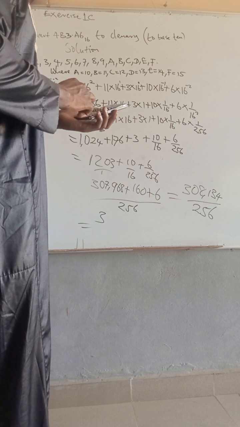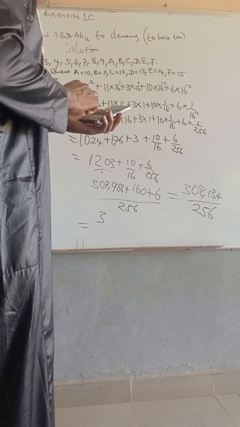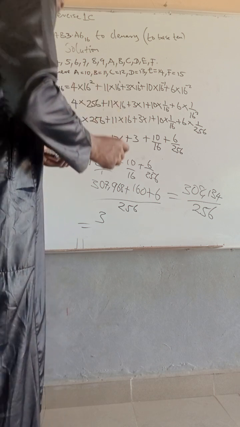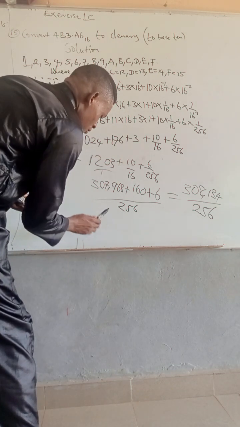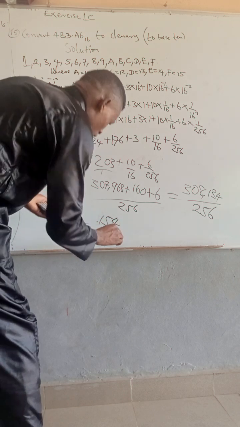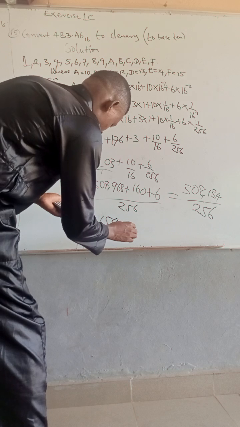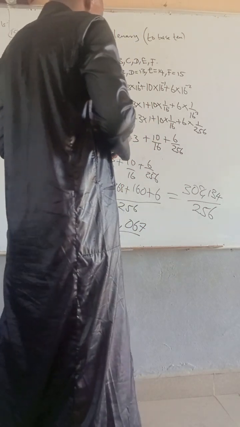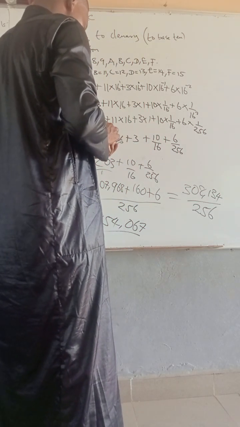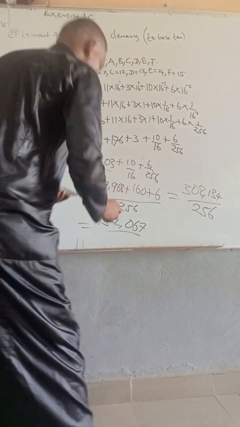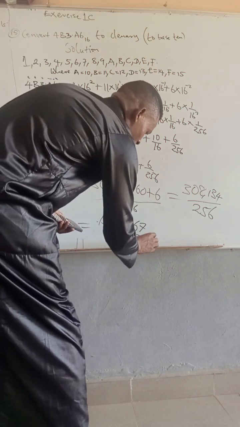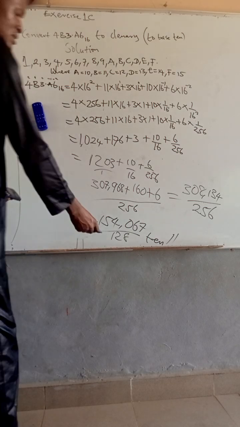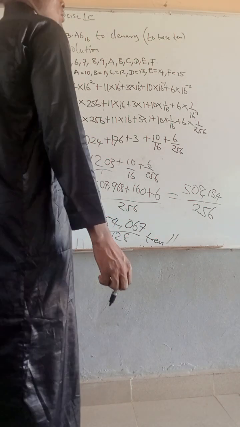Yes, let me go with 2. 308,134 divided by 2 gives you 154,067 all over 256 divided by 2, which gives you 128. Remember, that's our final answer. Thank you all.